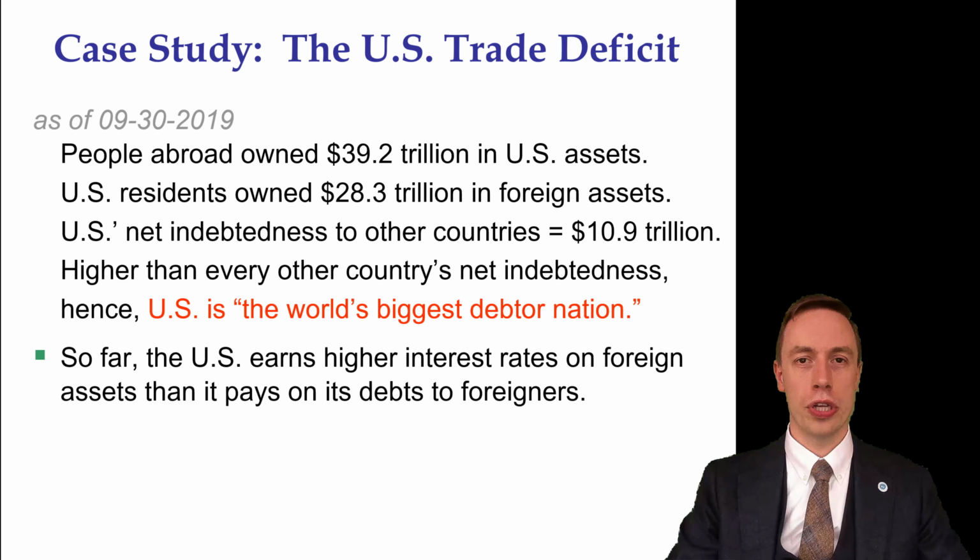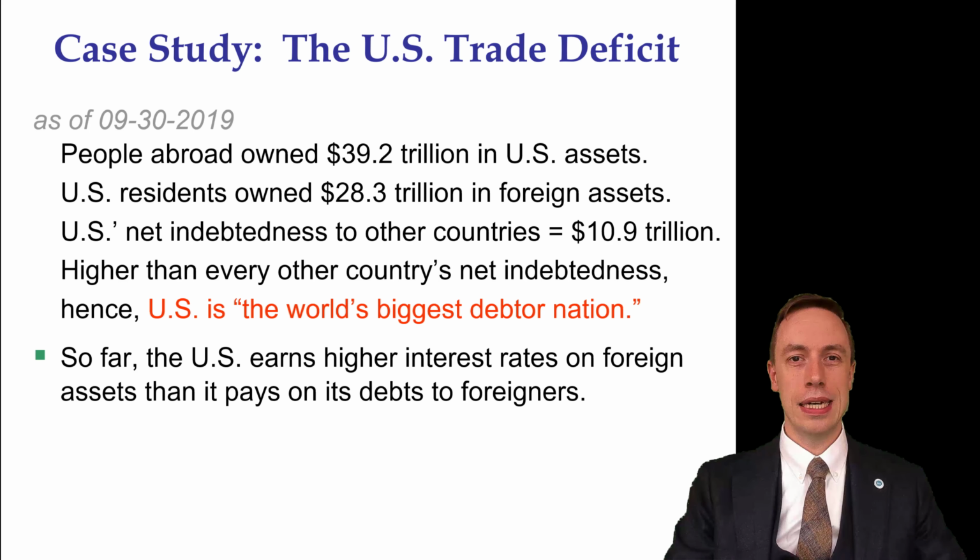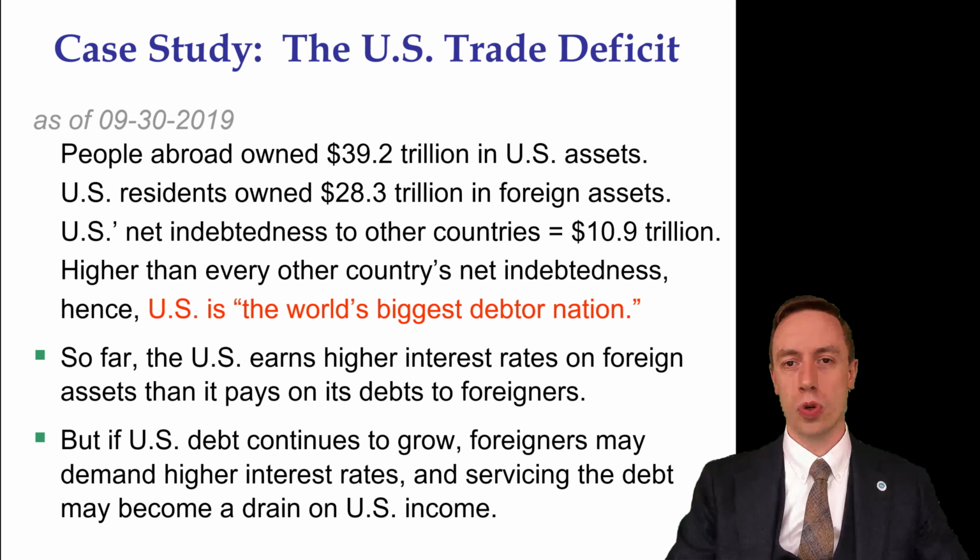The US is earning a higher return on its foreign assets than foreigners are earning on those US assets. That's because the US economy is often considered to be a safe harbor in troubled financial times. So foreigners will hold US assets not just for their return, but for the safety that they provide. Nevertheless, it does mean that if interest rates were to rise that the US has to pay on its assets, it could become very expensive very fast.